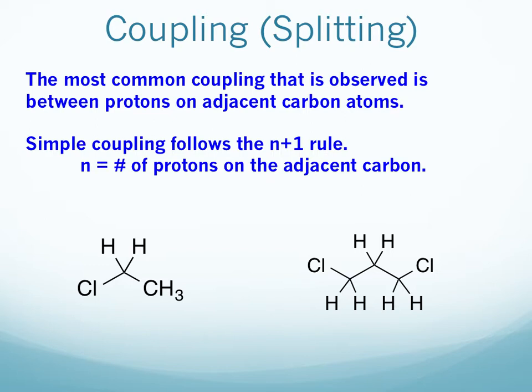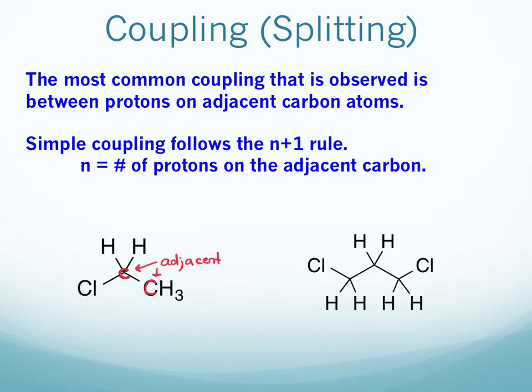And as I said before, this concept is known as coupling or splitting, and it's between hydrogen on adjacent carbons or neighboring carbons. So for example, in this first molecule, we have a carbon here and a neighboring carbon here. And these neighboring carbons that are next to one another are referred to as adjacent carbons.